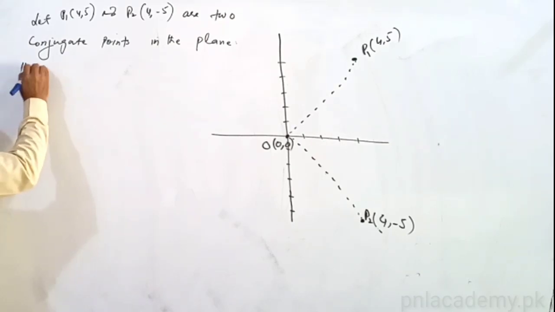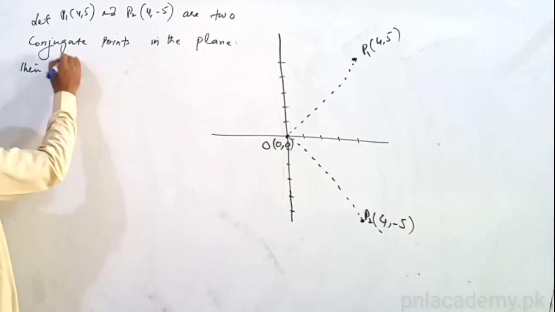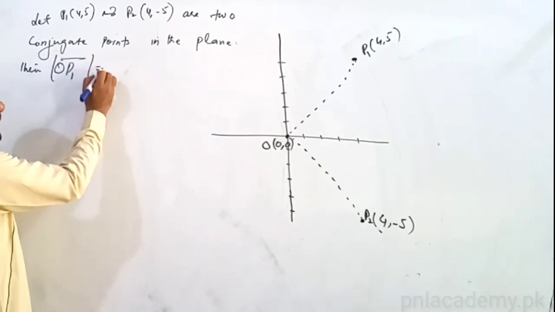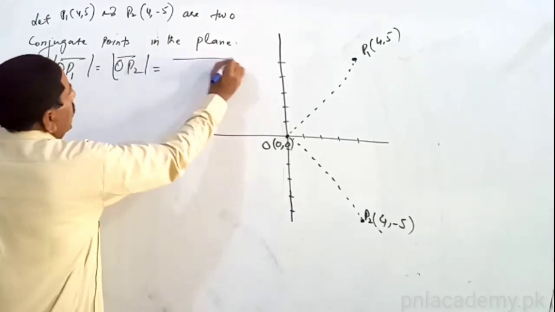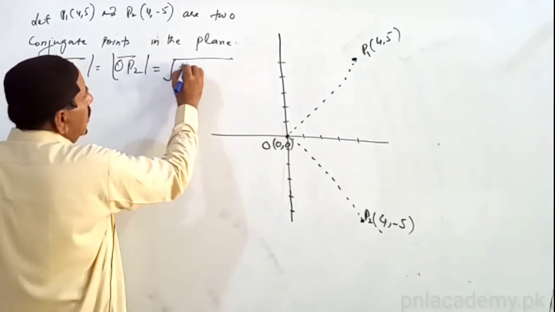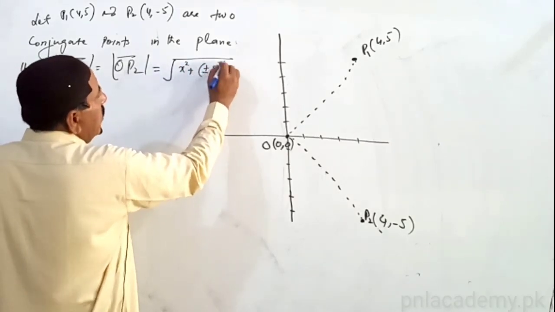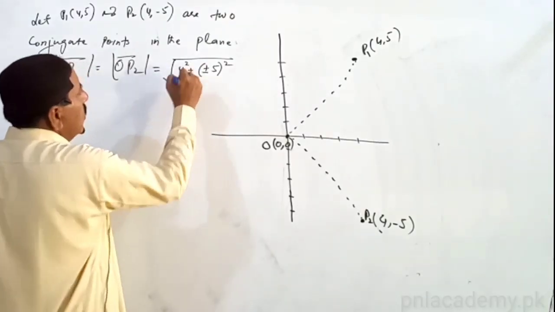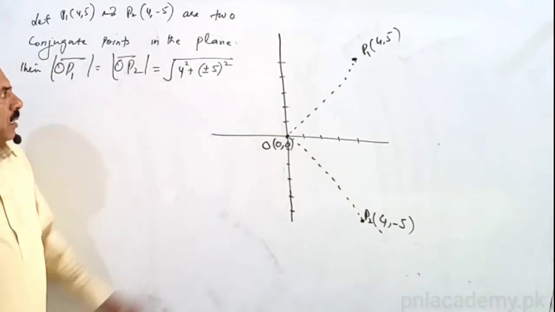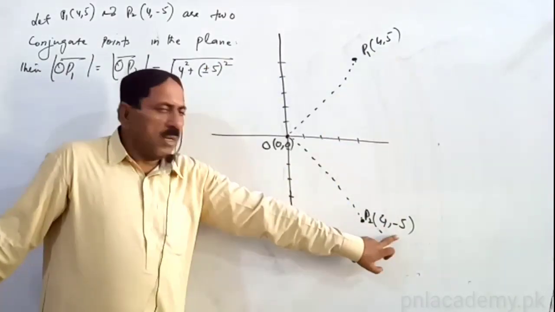Then OP1 is equal to OP2, which is equal to the square root of x square plus y square. Instead of x you can write 4 square plus (±5) square. This is a plus 5 and this is a minus 5.